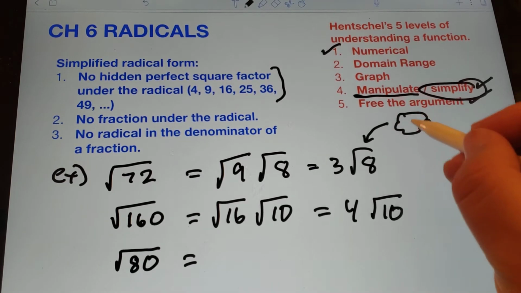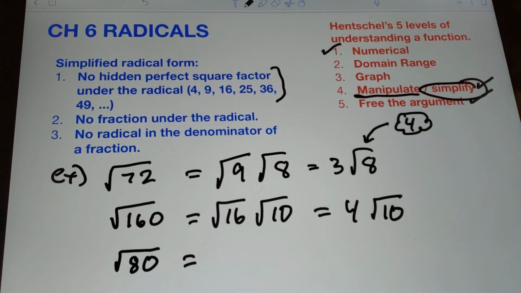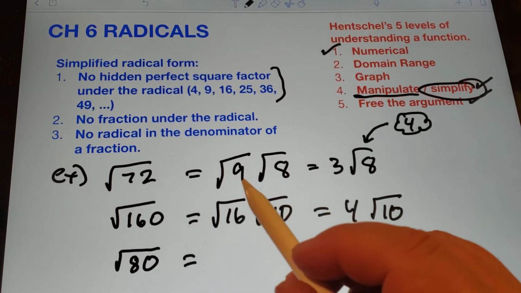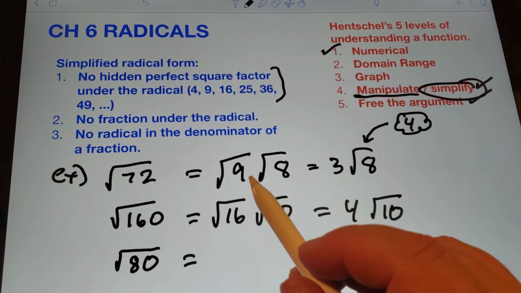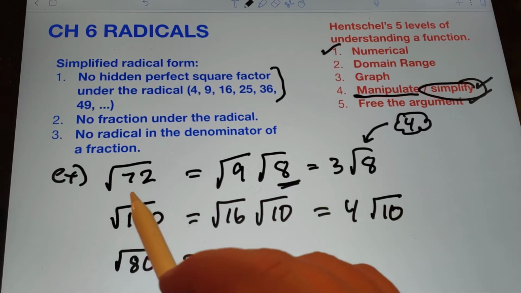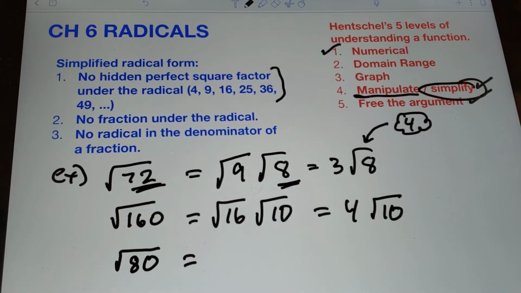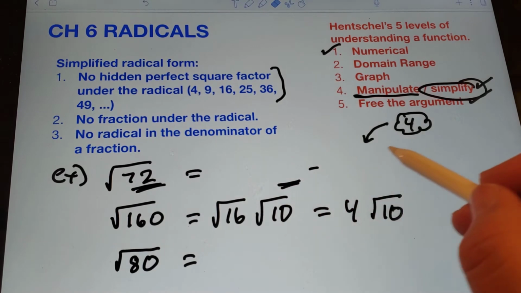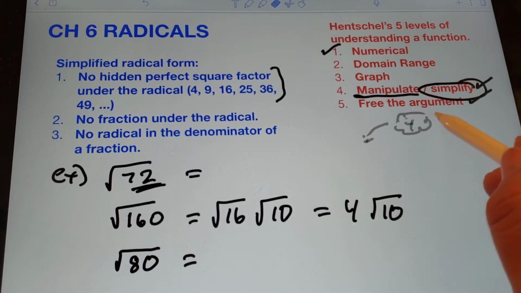What's the hidden perfect square factor in 8? 8 has several factors, 2, 4, and 8, but it has a 4 in it. So there's absolutely no reason to entertain this step right here. 3 square root of 8? 8 is just as bad as 72. It has a perfect square factor in it. So there is a fix, but it certainly isn't to do the problem the way I just did it.